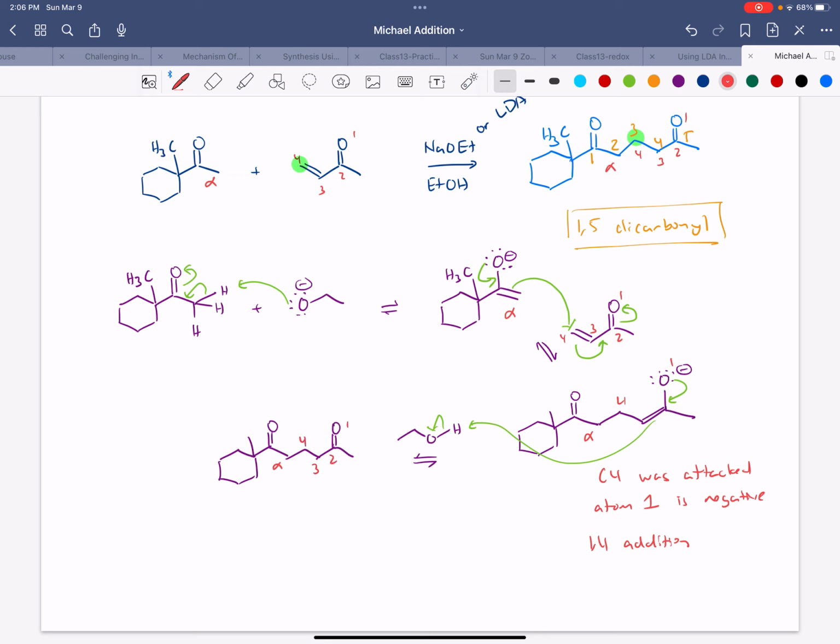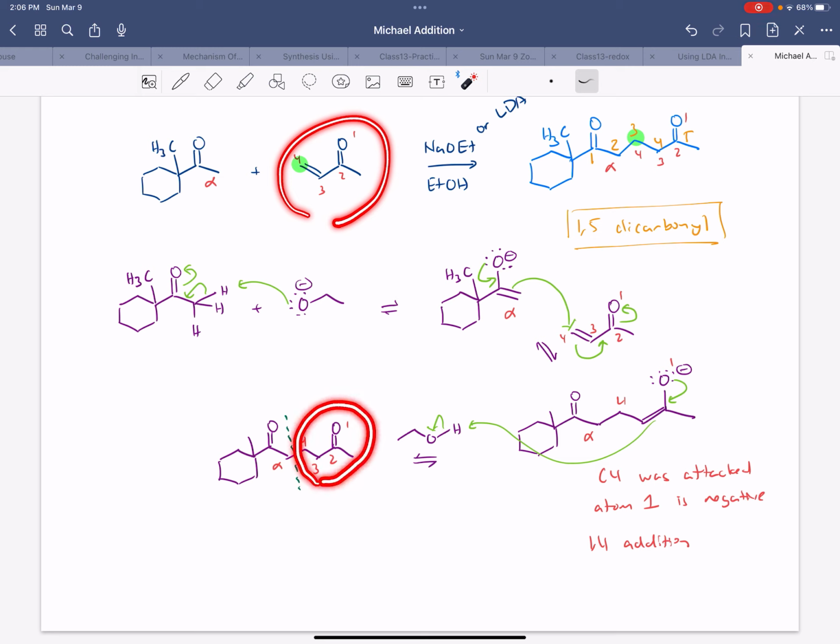The bond that you made was this bond right here. Look how similar the parts of the final product look like the starting material. This is drawn exactly. And then this piece you added, the only thing you have to do is get rid of the carbon-carbon double bond. Everything else stays the same.